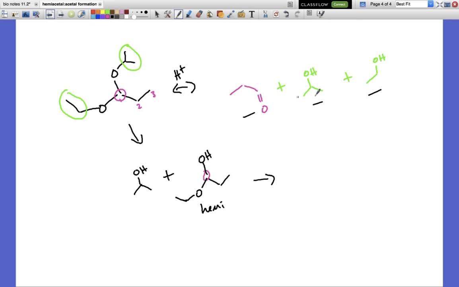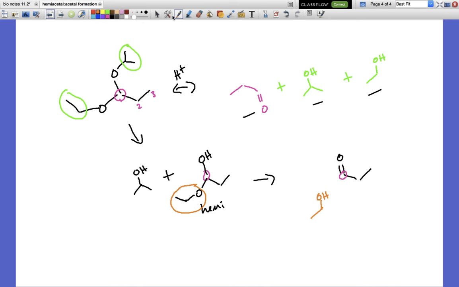I just have already removed my isopropyl alcohol, but then finally I'd break up that hemiacetal into its two parts. So again, I have 3 carbons, I have an aldehyde, right, including my carbonyl carbon. Whereas the rest of that needs to be removed would be my other alcohol, my ethanol, right?